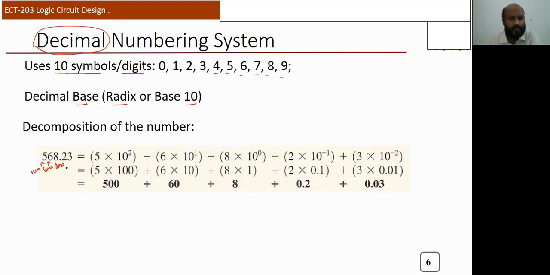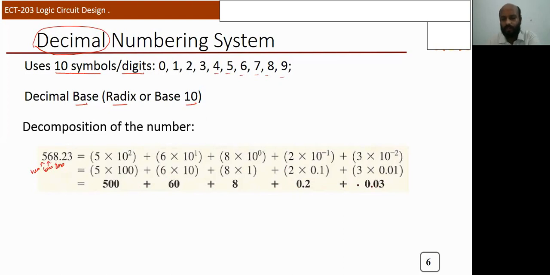So I can write 568.23 like this: 5 into 10 squared, the hundreds position; 6 into 10 raised to 1, the tens position; 8 into 10 raised to 0, that's the ones position. And the fractional part: 2 into 10 raised to minus 1 plus 3 into 10 raised to minus 2. Okay, and if you expand this, you will get 500 plus 60 plus 8 plus 0.2 plus 0.03.